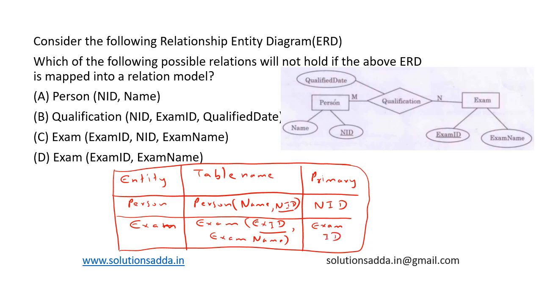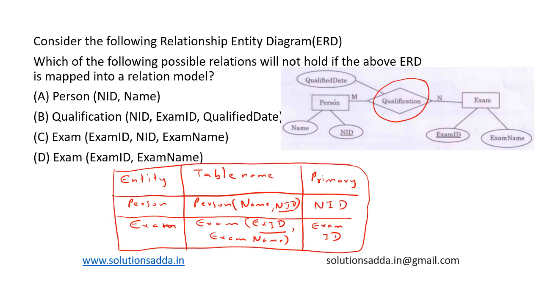Now for the relationship, the entity qualification, we cannot add qualified date in any of the two tables formed. So we need to create a new table using the primary key for both entity person and entity exam.